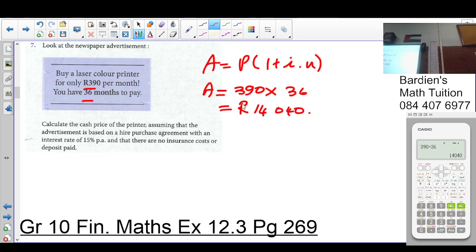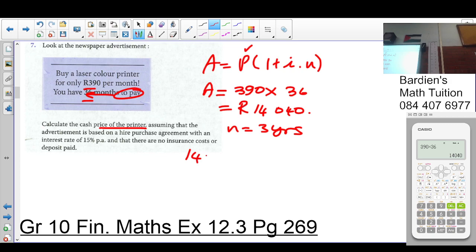They want to know the cash price, so I want to calculate P, not so? Alright, so how many years is this for? So n is going to be 3 years, as 36 months is 3 years. Okay.